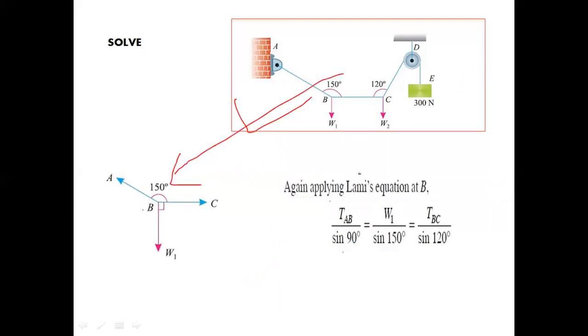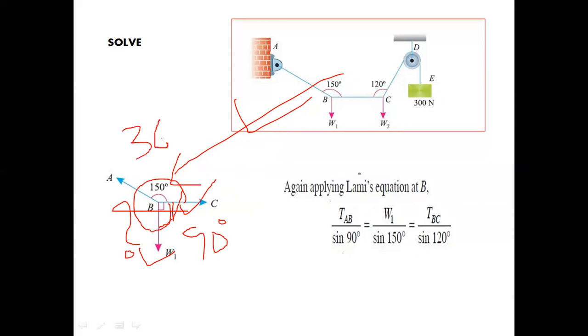Here you can see that this angle is already given as 150, BC is the horizontal line, and the load W acts in the downward direction, that means this angle is already defined as 90 degrees, no problem. Then what is the angle between this one? The total angle is 360 because a circle is 360.